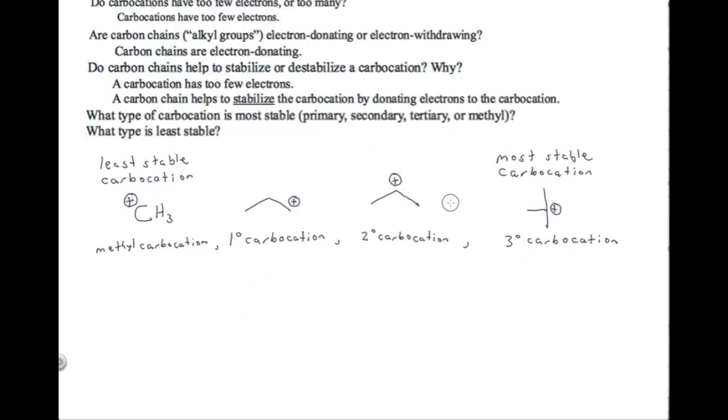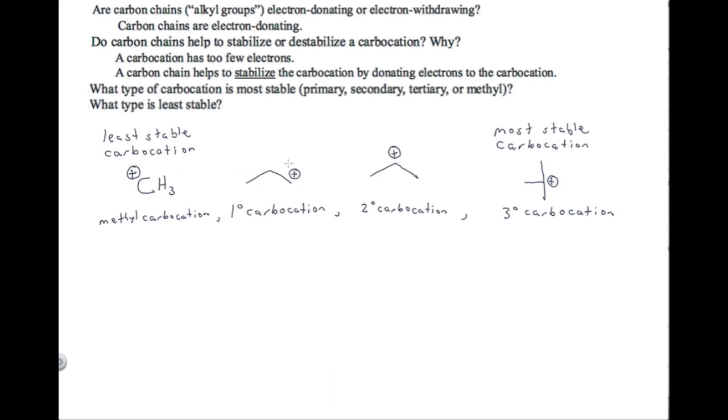Now, some of these carbocations are so unstable that they basically don't form in nature. Only some of these can actually be formed in nature. In particular, primary carbocations are so unstable that they don't generally form in reactions.